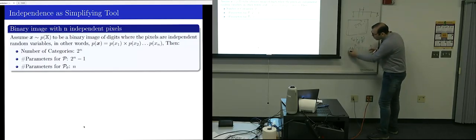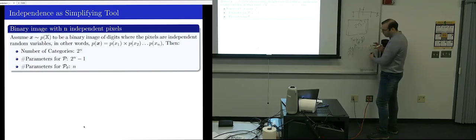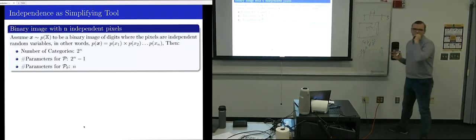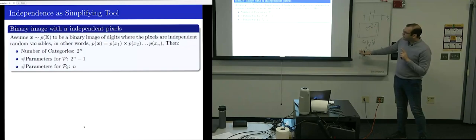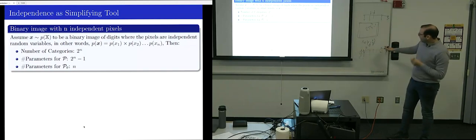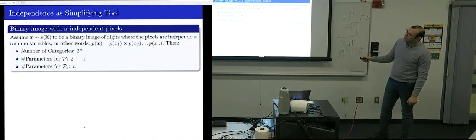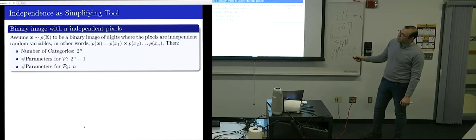But now you just consider one pixel and say that it is not relevant to other information in that image. So I can model it with one parameter. So in this state, I have n parameters. The number of parameters changes from 2 to the power of n minus 1 to n.